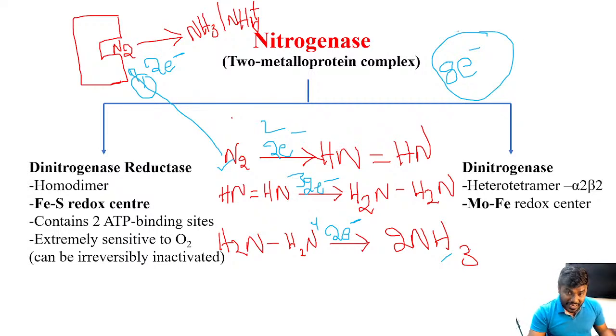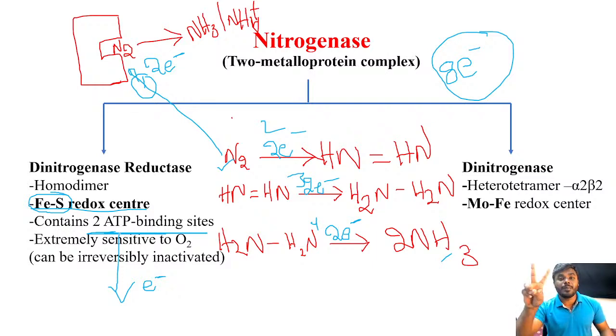Sir, why are you talking about electrons? Now listen, that is very important. Because this iron sulfur redox center contains 2 ATP binding sites. Friends, what do you mean by 2 ATP binding sites? Which means, listen to me everyone, if one electron passes through this iron sulfur redox center, it will hydrolyze 2 ATP molecules into 2 ADP molecules.